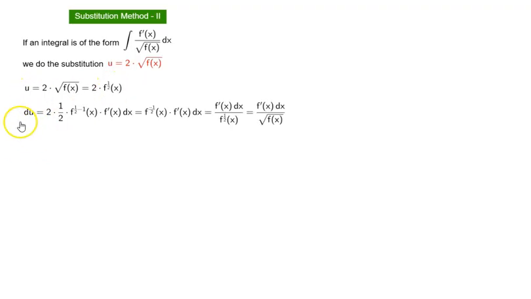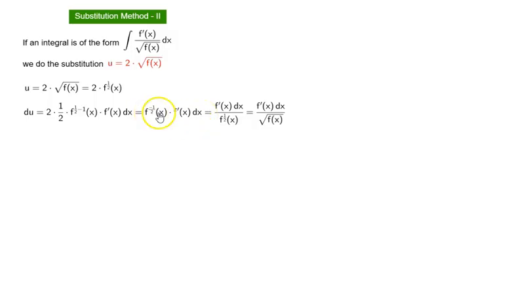Now differentiating this, du is equal to 2 times 1 by 2 times f to the power of 1 by 2 minus 1 of x times f prime of x dx. 2 cancels out. This becomes minus half. So we have f of x to the power of minus 1 by 2 times f prime of x dx.